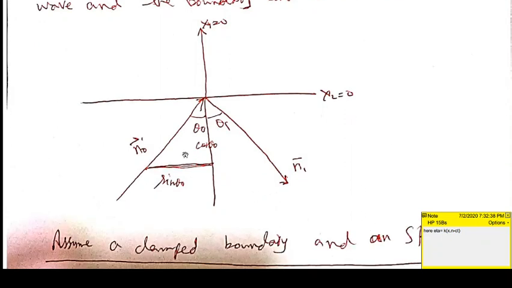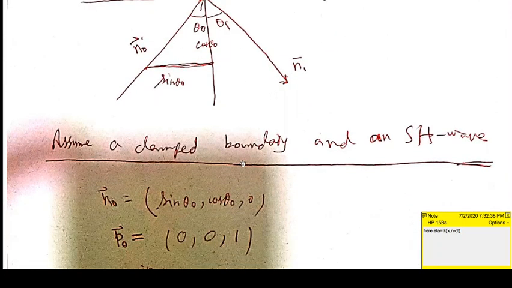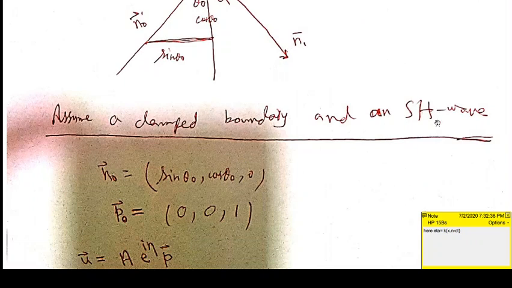So this is the theta naught angle between these two vectors. So we have a clamped boundary and an SH wave. For the SH wave we have n naught as sin theta 0, cos theta 0, 0.